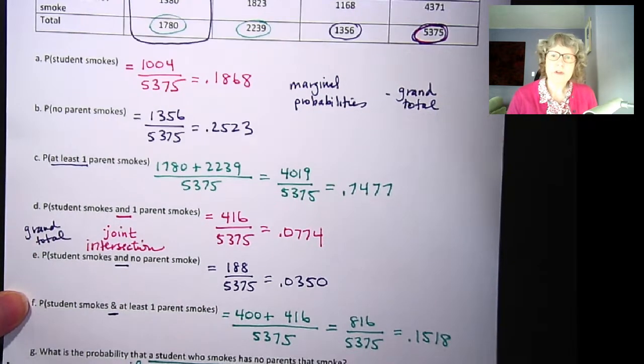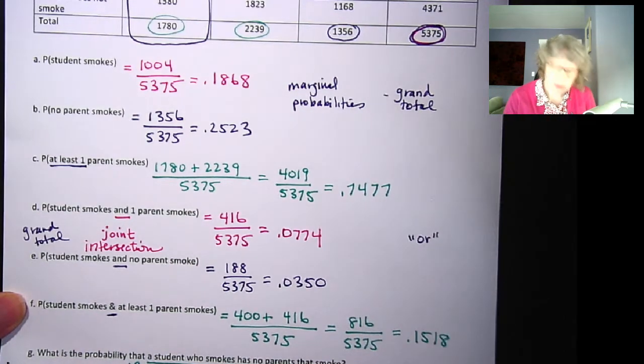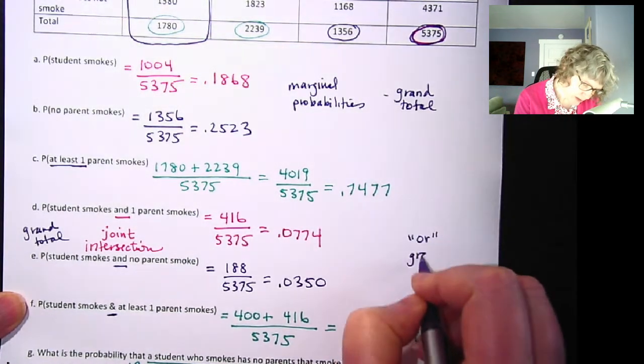Also, or, we didn't have any or probabilities in this example, but they also use the grand total.